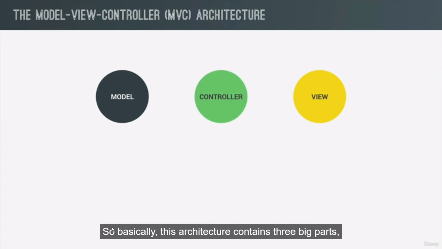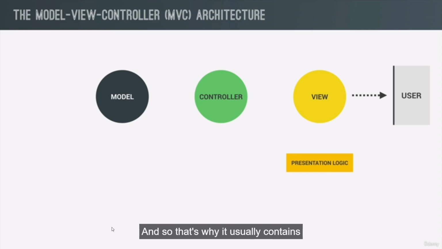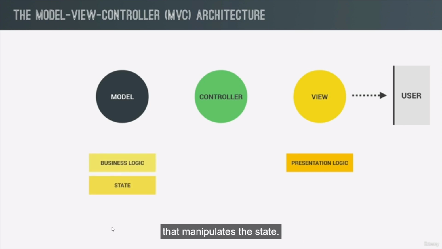So basically, this architecture contains three big parts, which are the model, the view, and the controller. Now, the view is of course for the presentation logic, so it's the part of the application interacting with the user. The model is all about the application's data, and so that's why it usually contains the state and also the business logic that manipulates the state.